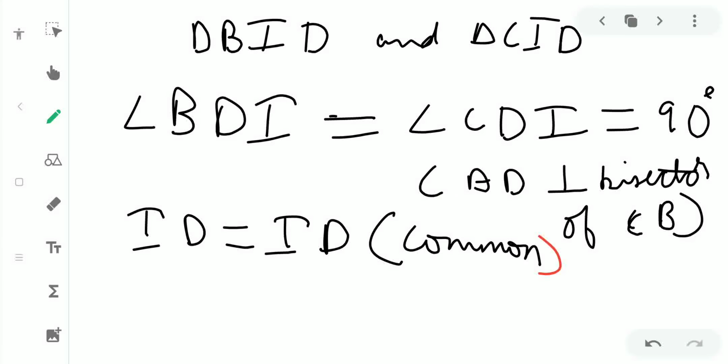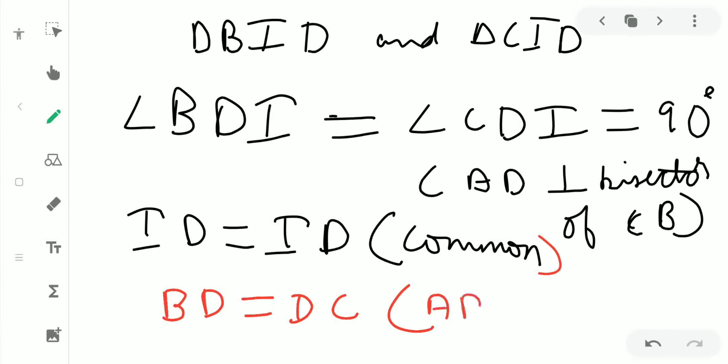BD is equal to DC because AD is the bisector of BC, the whole line BC.